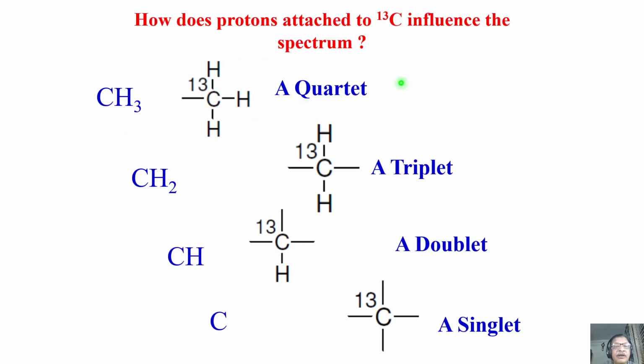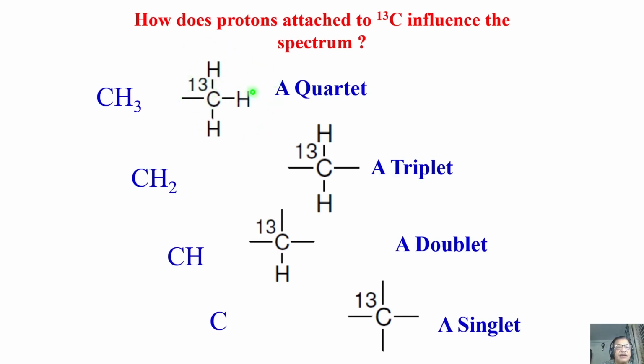Why is it a quartet? Because, as I pointed out, the probability of seeing all the carbons in the carbon 13 state is practically 0. So each carbon will not be seeing the other carbon for interaction. They will be seeing only the protons attached to that carbon or the protons attached to the next carbon. First, let us see this carbon.